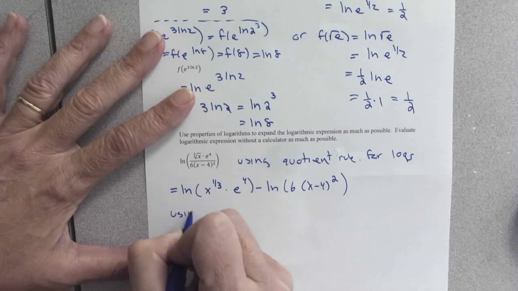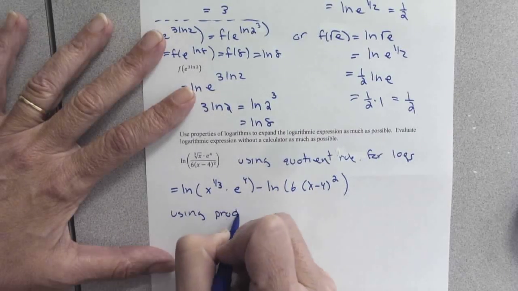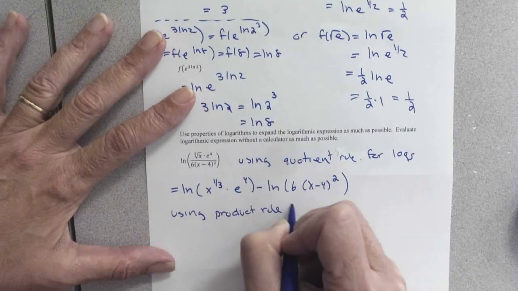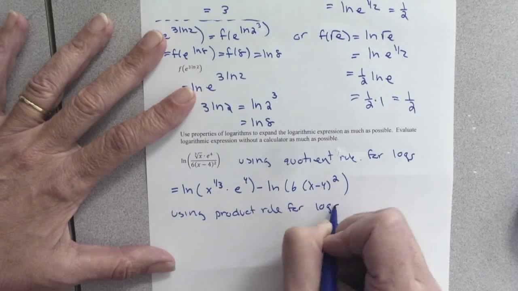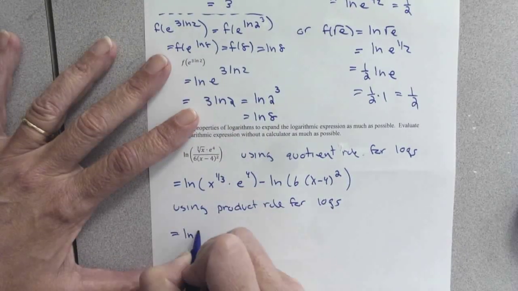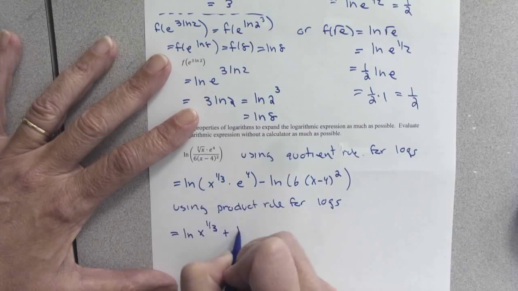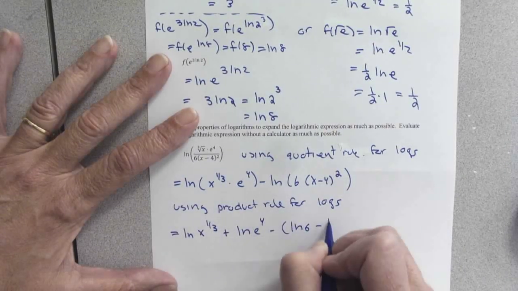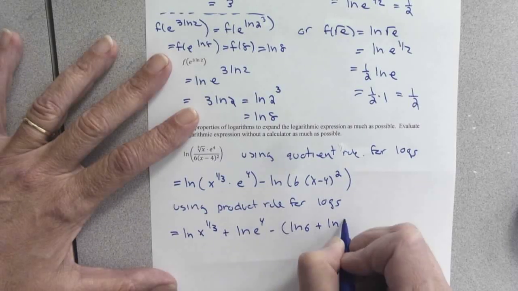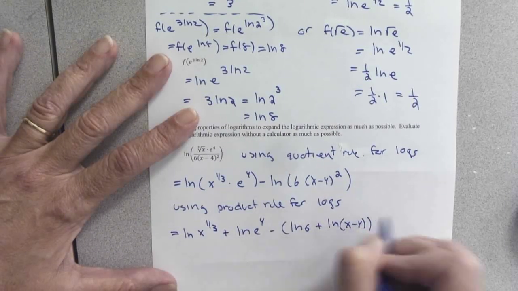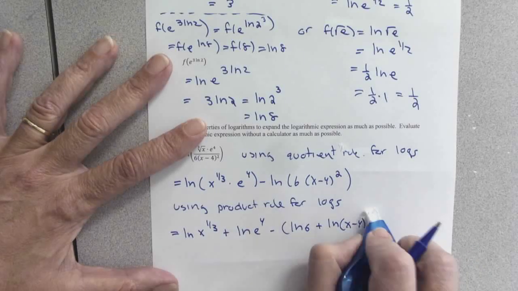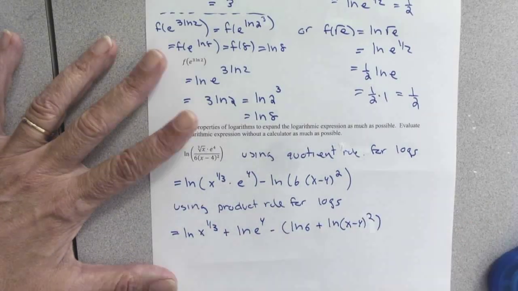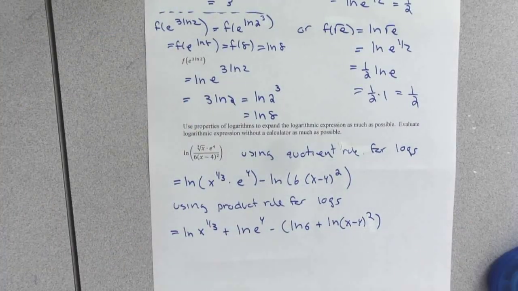Second step, now using the product rule for logs. The product rule of logs says that products can be split up by addition. Notice the careful use of parentheses on the second one because I want to split it up, but I want that minus sign to apply to the entire result.